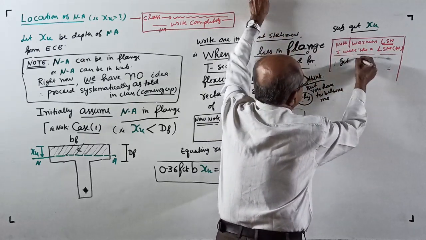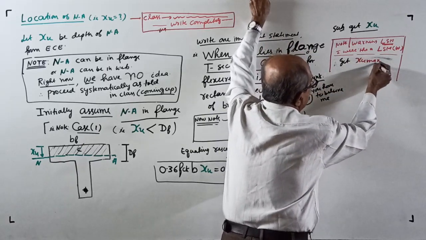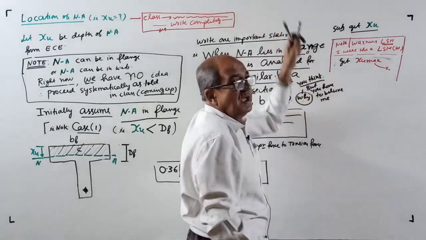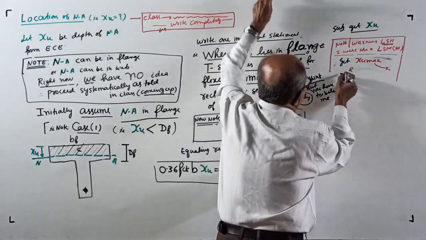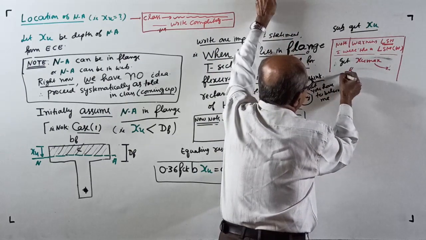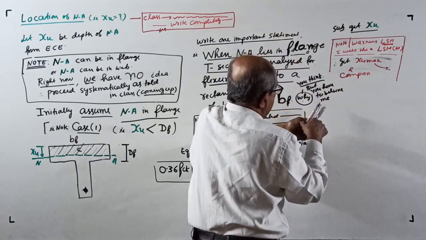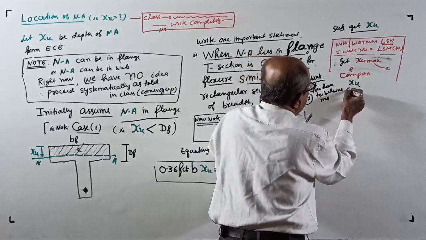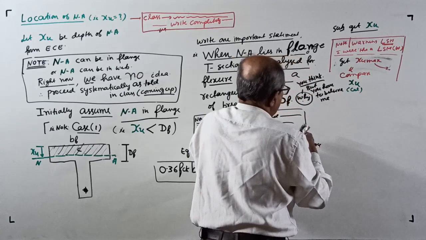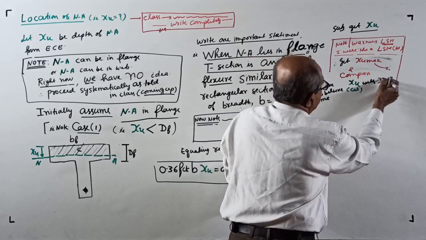Systematically, more clearly: get xu max. How? Right here. Because we already know xu max by d, get xu max and compare whatever xu you calculated with xu max.